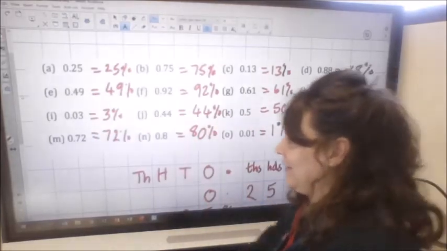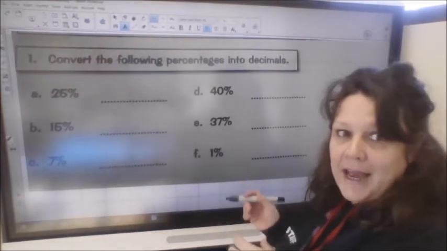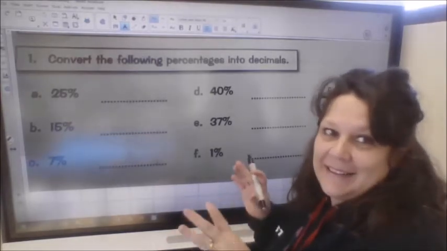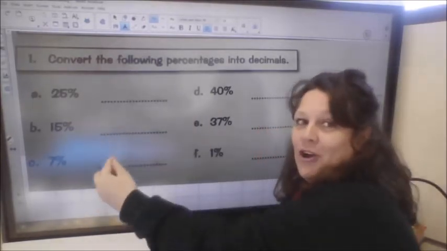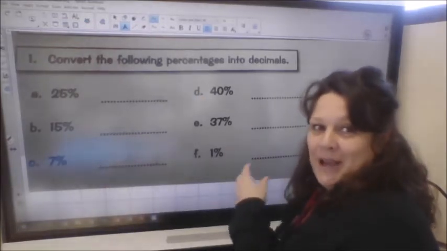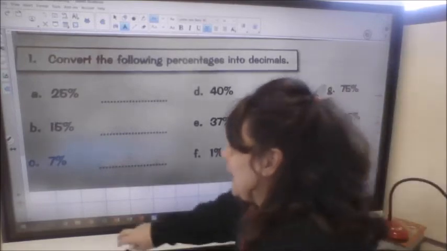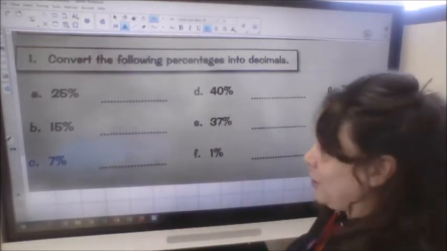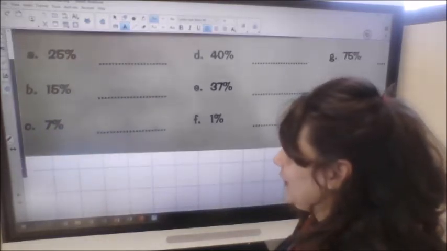Let's have a look at your next task then. So we're going to go the other way now. So this time, instead of multiplying these by 100, we've got to divide by 100. Okay, so let's have a little look how we'll do that. And remember, we have had a little go dividing decimals by 100 a couple of weeks ago again.